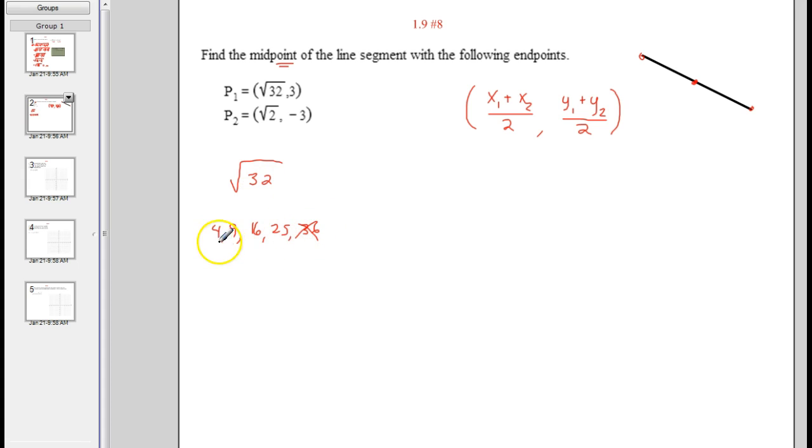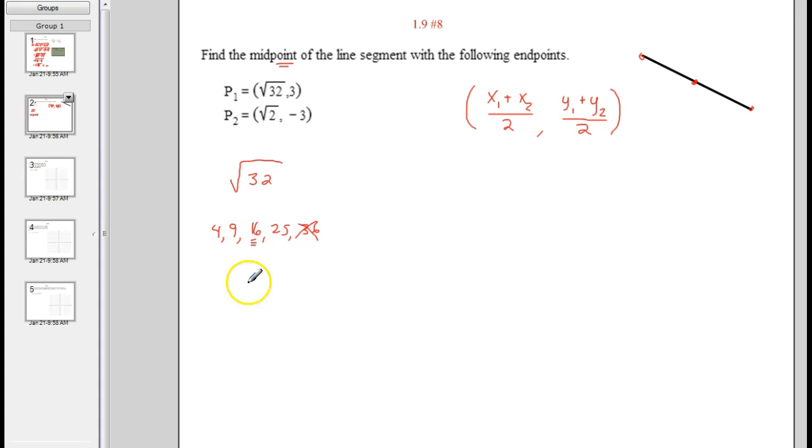So it's only going to be one of these 4 that would work. Now the biggest one of these 4 numbers that divides 32 is 16. 4 divides it also, but 16 divides it as well. So even though 4 divides it, we're going to use the biggest.